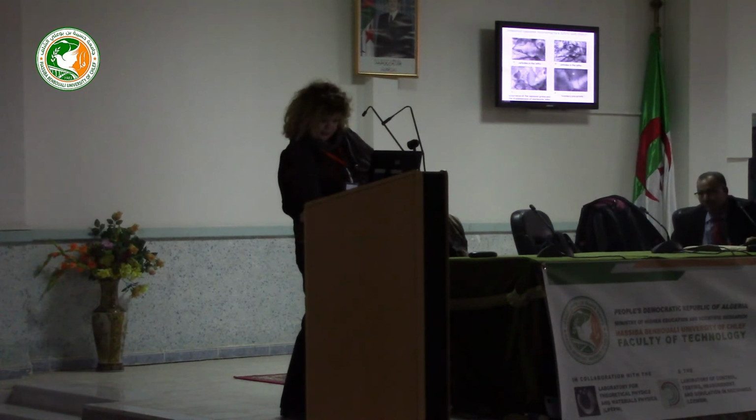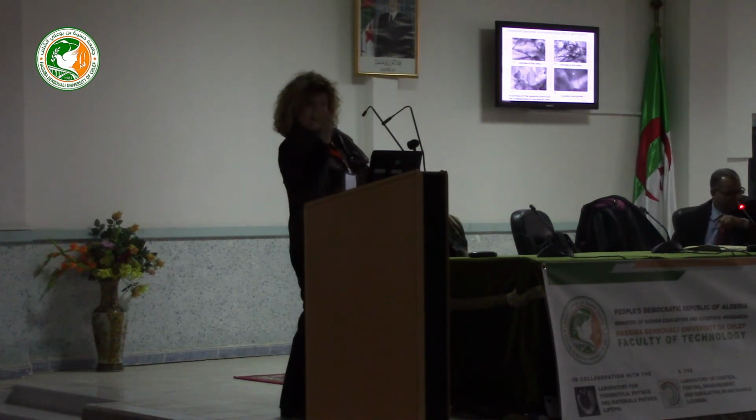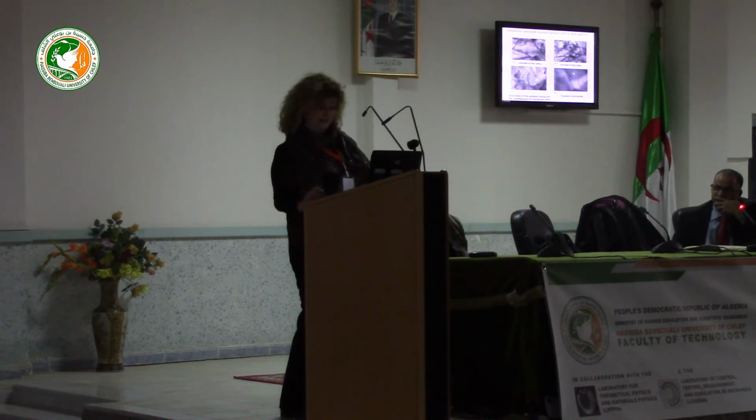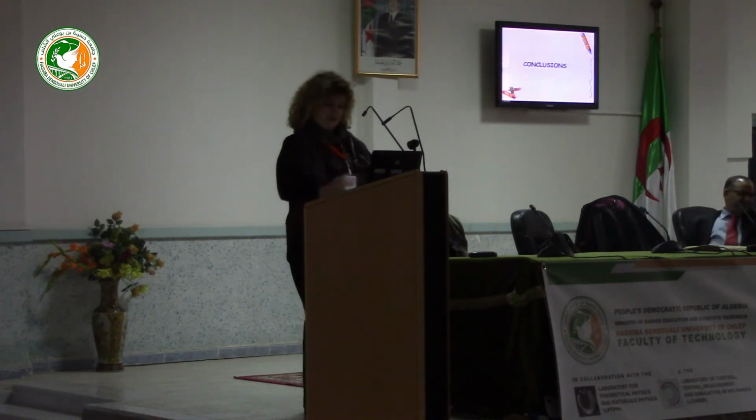Okay, here is a very nice slide where you can see the precipitation over the grain boundary. So this precipitation is a really big area. So let's see the conclusions.